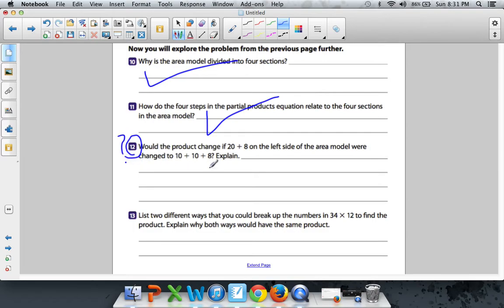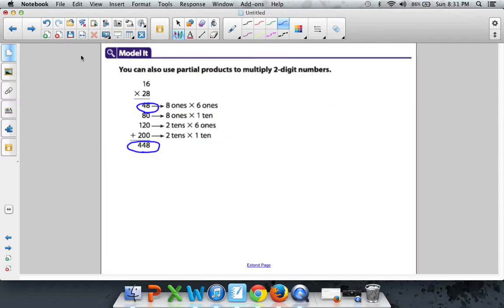Okay, so there's 28, right? See, there's 28 right here. They're asking you that instead of multiplying 20 times things and 8 times things, would it matter if you took that 20 and multiplied things by 10 and then multiplied things by 10 again and added them all together?